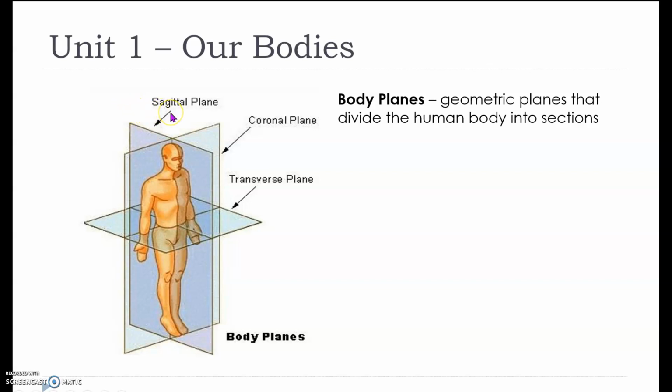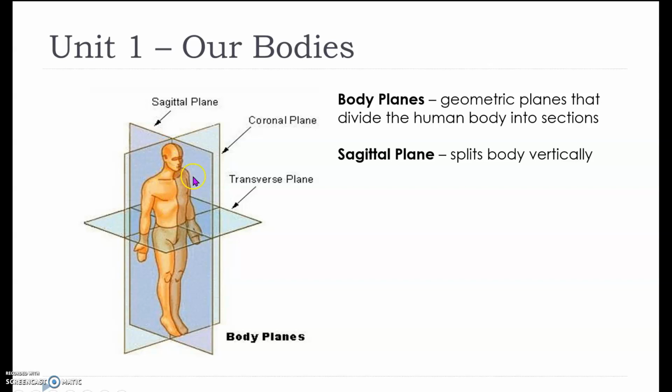So the first one is the sagittal plane. Everybody, can you repeat after me? Sagittal plane. Splits body vertically. Very good. As you can see on the picture, sagittal plane is this one. Splits the body vertically.